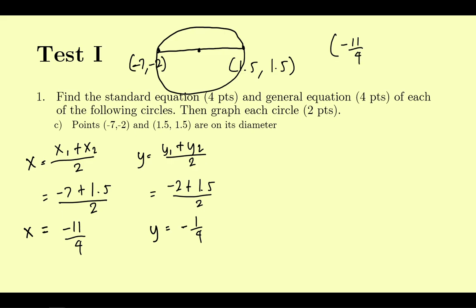This is the center. Okay. That means it's equal to x plus 11 over 4 squared plus y plus 1/4 squared is equal to, wala pa tayong radius.